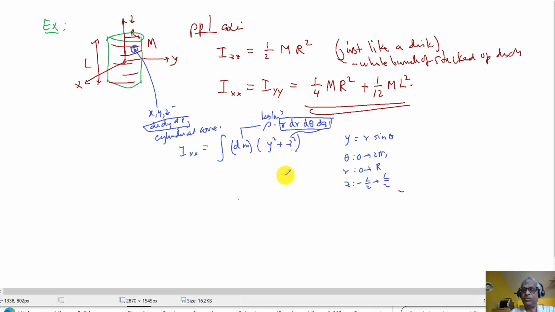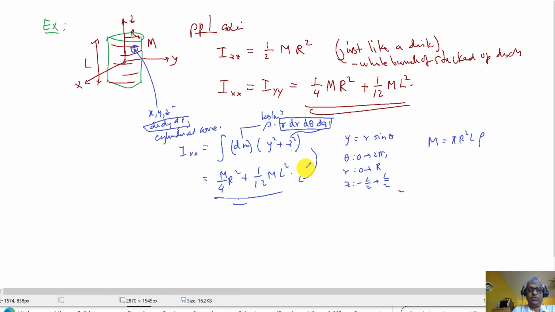So now I just need to do this integral. And I guarantee you, I've done the integral, and m is pi r square L rho. I guarantee that this would be m r square over 4 plus m L square over 12. Okay, so that's how you're going to do it.